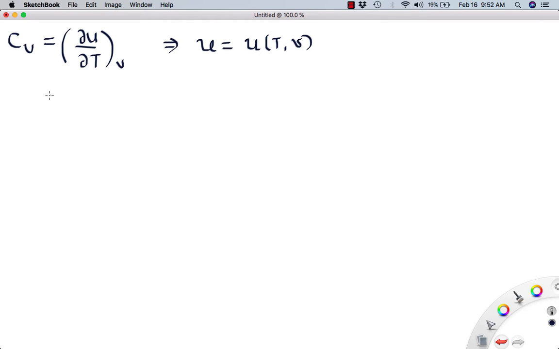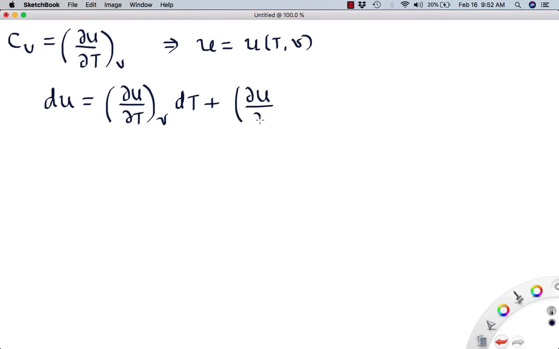So that means we can write the differential of U in terms of the differentials of T and V. So that is partial U partial T at constant V dT plus partial U partial V at constant T dV.